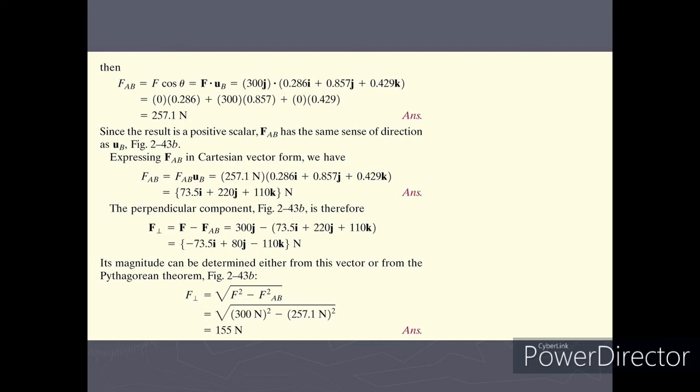F is equal to FAB plus F perpendicular. Yes, because usually when you have the parallelogram, you can look at a side and know whether it is the resultant or not. If you can see the diagonal, then the diagonal is always the resultant vector.